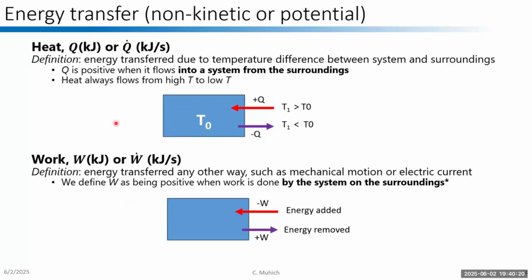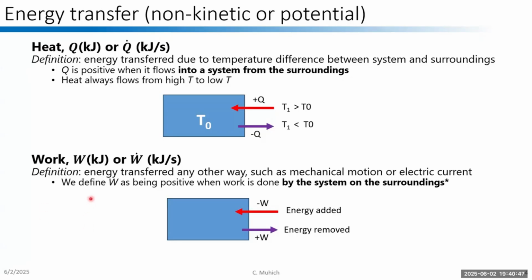We can also have an additional type of energy transfer that we shall call work, that we'll denote as W. W is the energy transferred in any other way. So this is energy put into a system through mechanical motion. Think, say, a pump or a turbine, or some sort of electrical current, think electrical heating.